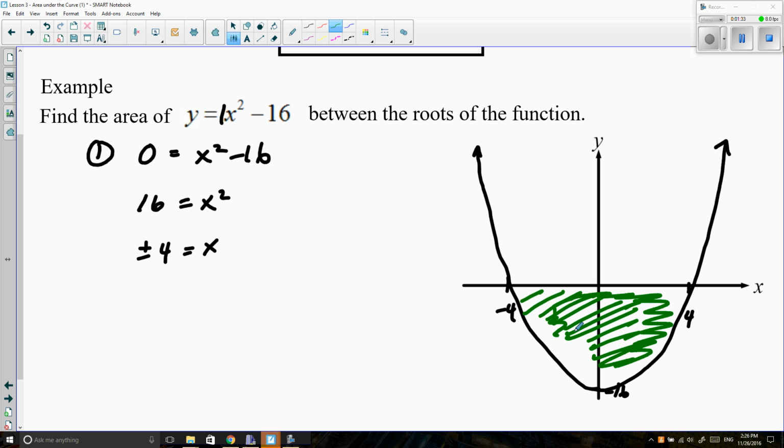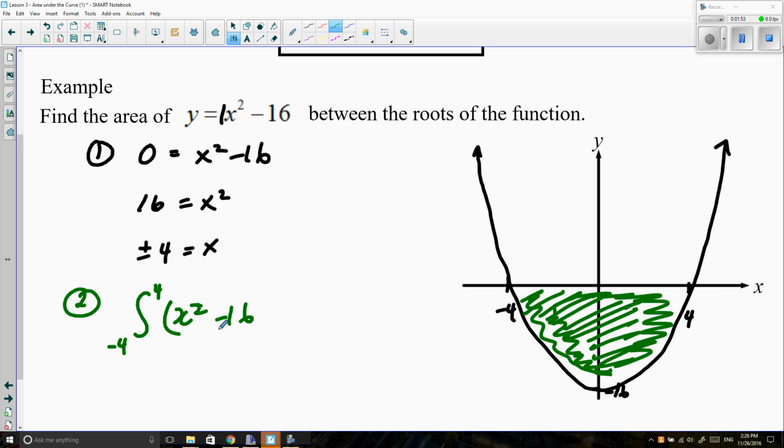Okay, so trying to find this region, we have to define the actual integral that defines this region. So that's my second step. So my integral, my area, is going to go from my lower limit of negative 4 to my upper limit of positive 4 for my original graph, which is x squared minus 16.